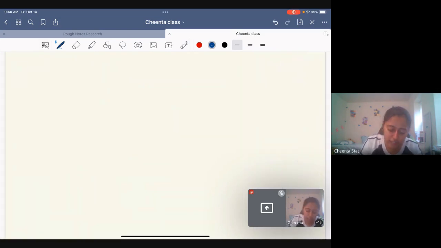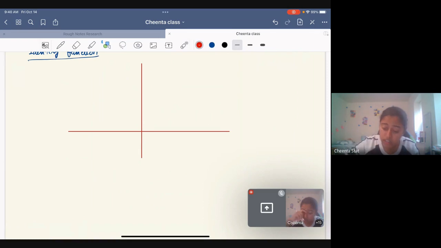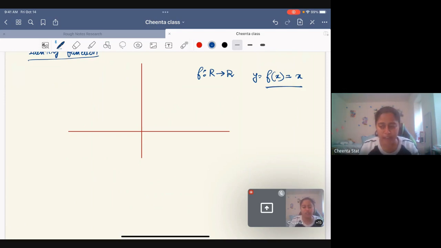Next, I will move on to the identity function. So what is an identity function? Again, real to real. y equals f(x) equals x. Any element, the function is giving you back that element.